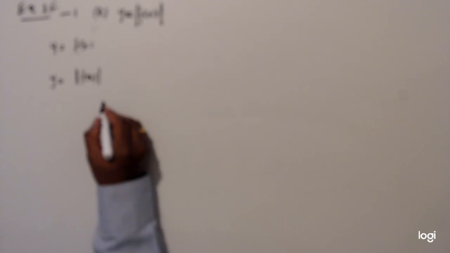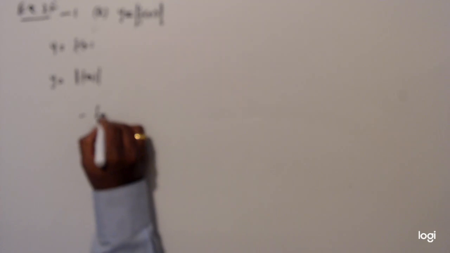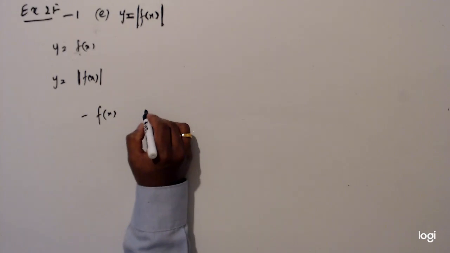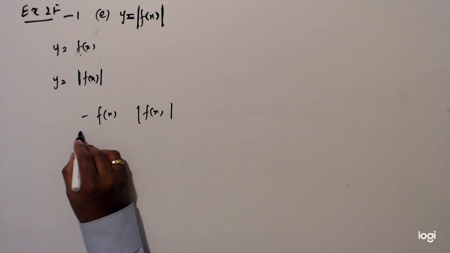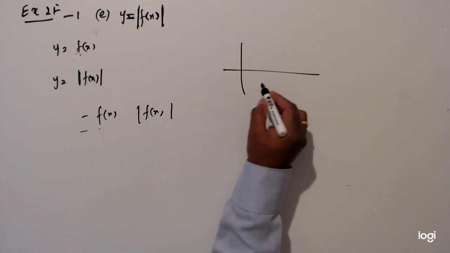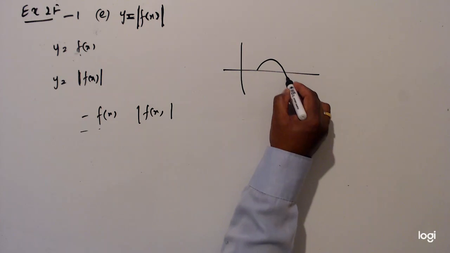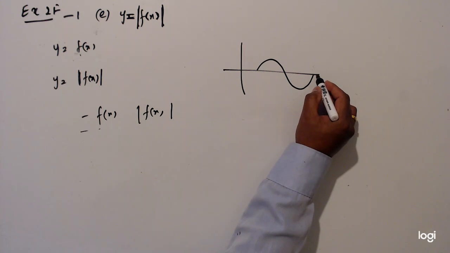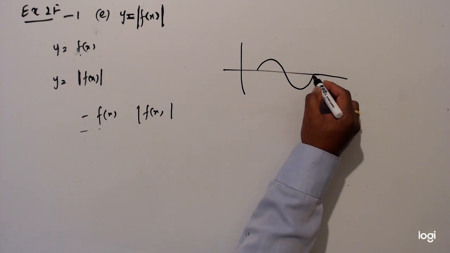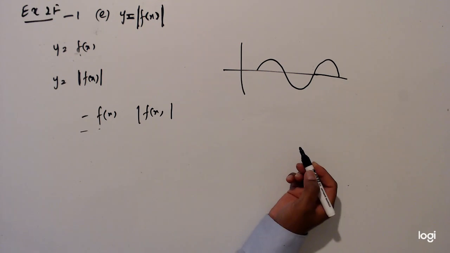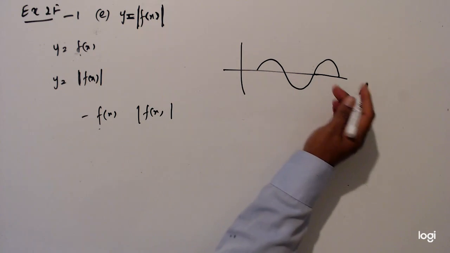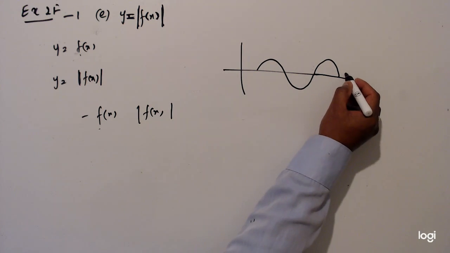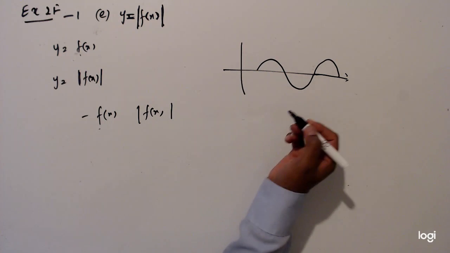So what is the difference between minus f(x) and mod f(x)? If it is minus f(x), assume the graph is like this. If it is minus f(x), the whole graph turns with a mirror reflection along the x-axis.